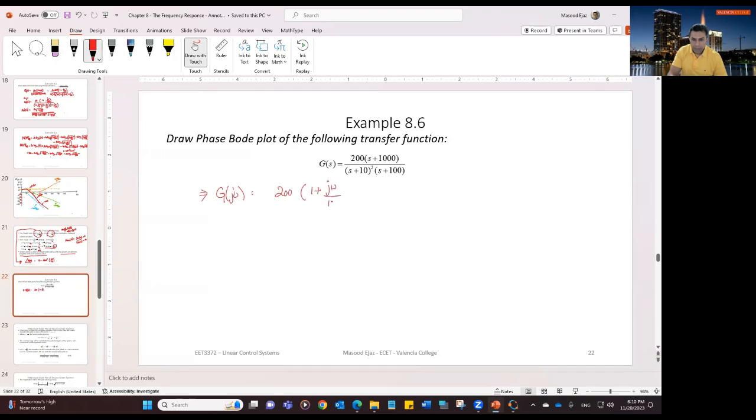So I'm going to write this down in terms of cutoff frequency. And this is 1000.